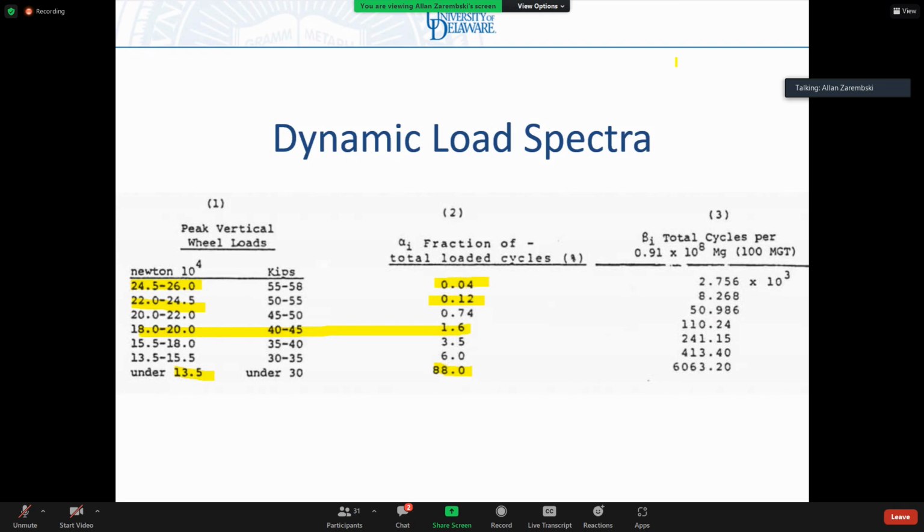And then if I calculate the number of cycles, this is equivalent to under 100 million gross tons of traffic.